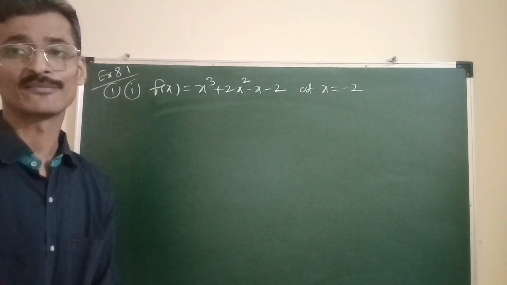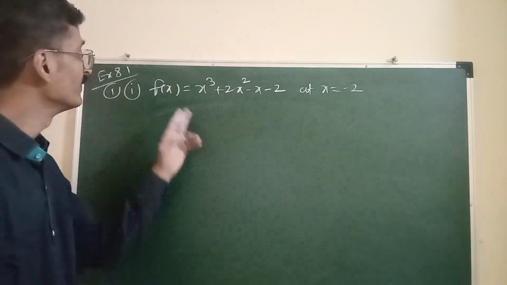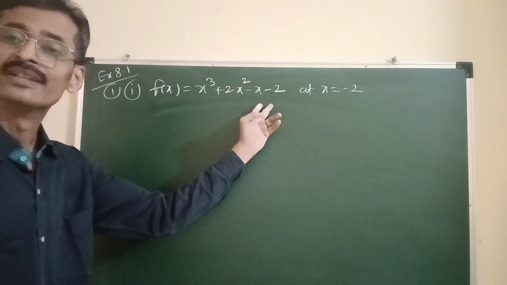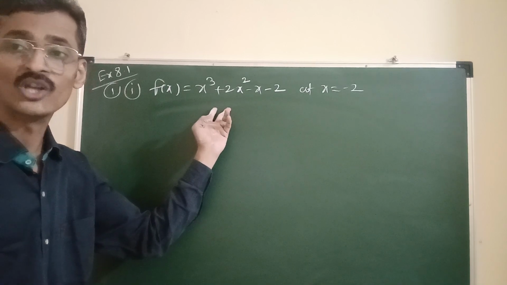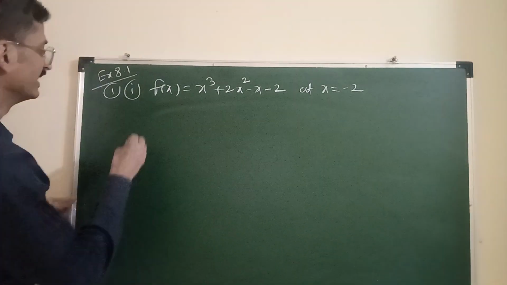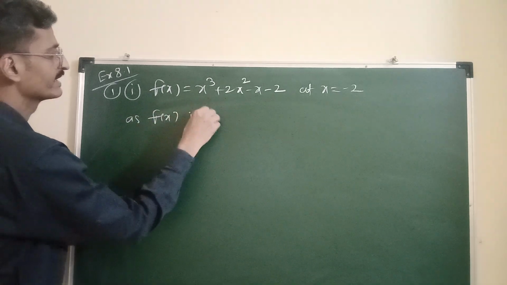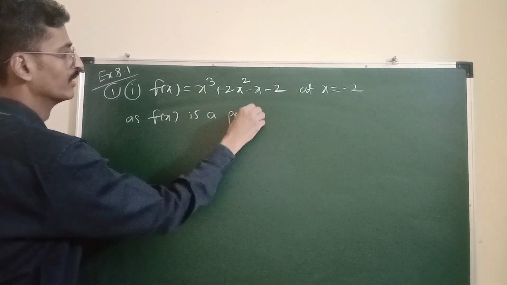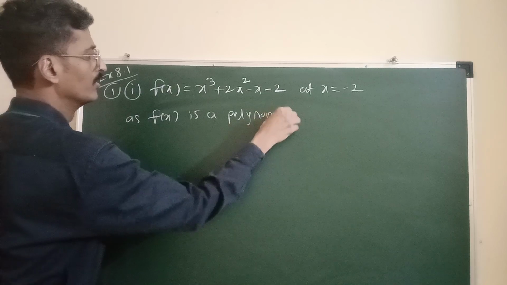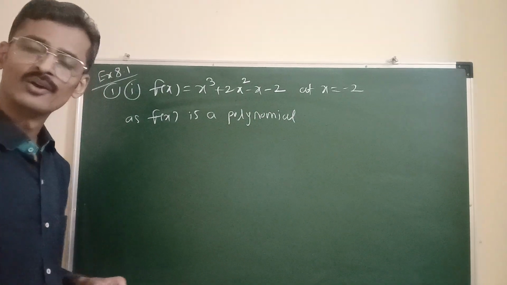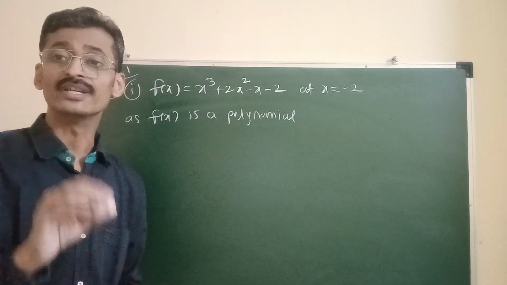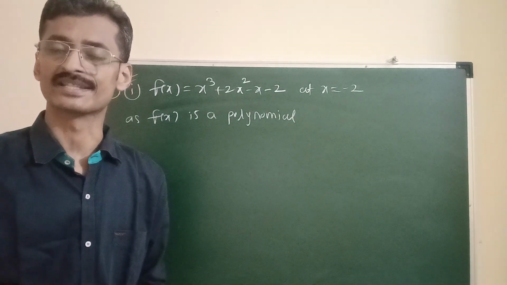We have to check for x is equal to -2. So how can we check for this? Here first read the question properly. This function is a polynomial. So we can write here f(x) is a polynomial. Now every polynomial is continuous for all x.